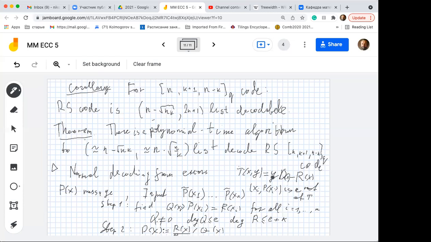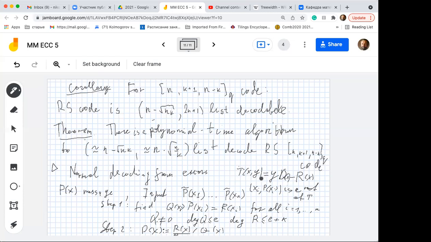First of all, in y, this is a linear polynomial, and also there are some restrictions in the degree in the variable x too. And this was for normal decoding. And then we somehow extracted from this polynomial the desired polynomial, our message. And now we will generalize this idea.